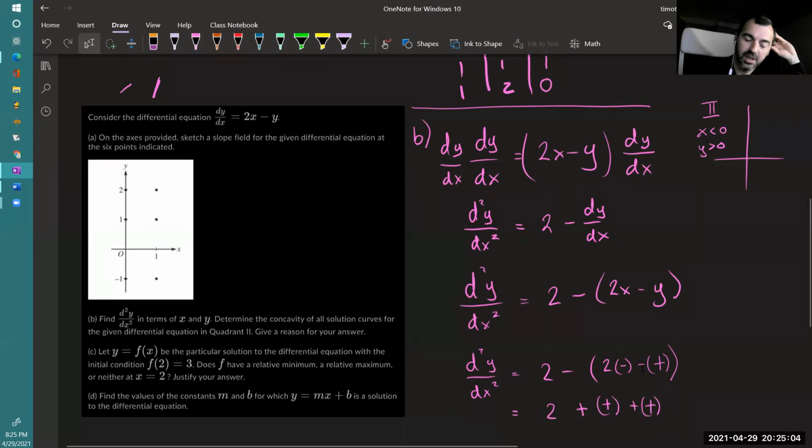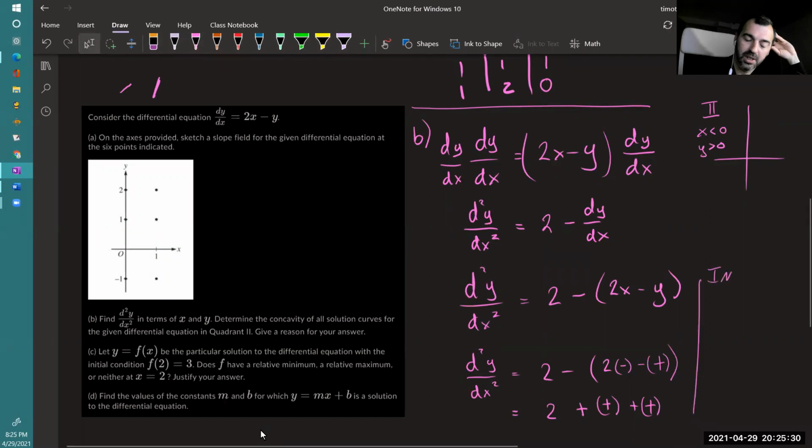My second derivative always tells me my concavity. So what's 2 plus a positive number plus another positive number? This is positive, or greater than 0. And in justification, giving the reason for your answer, we would probably have to write down something like that.